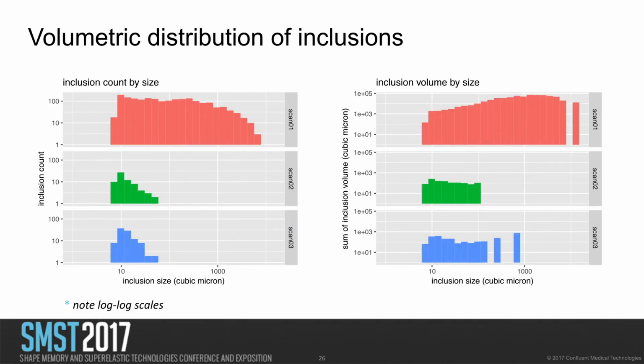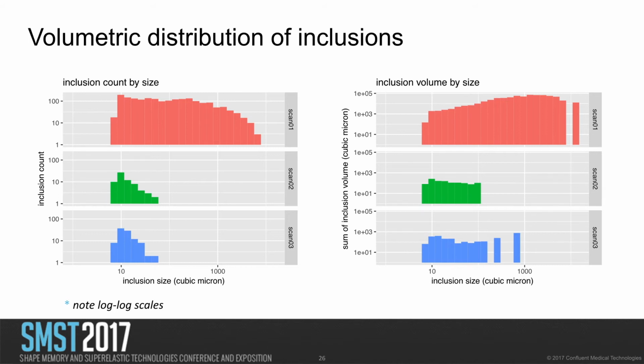So now that we've got all of that, we can look at translating all of that graphical information into some sort of numerical form. What we're looking at here are histograms that map on the left inclusion count by size in cubic microns, and on the right inclusion volume by size. These are log scales, by the way.